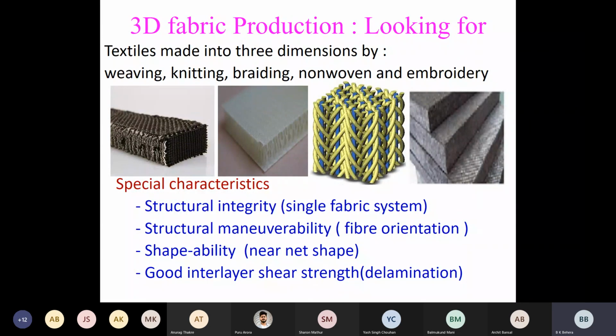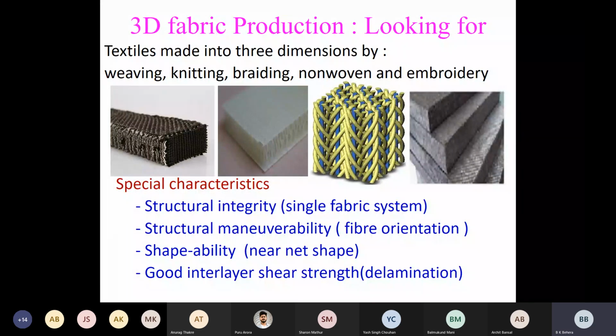Number two, structural maneuverability. To explain this, I will particularly explain the second point on 3D orthogonal structure, and there I will tell you what structural maneuverability is. Third one is shapeability, that is near net shape.